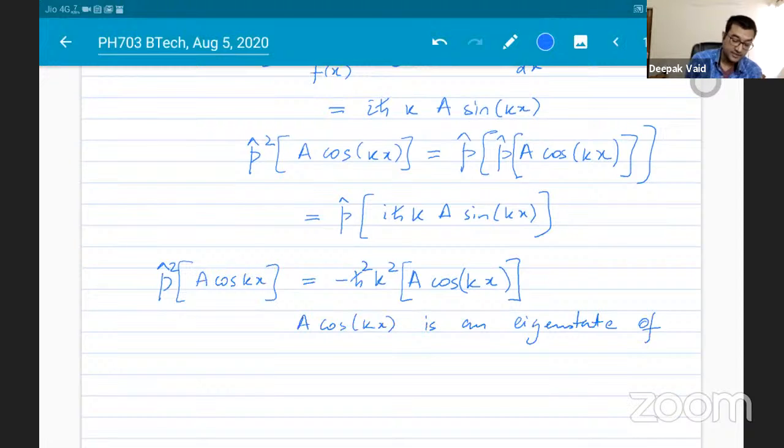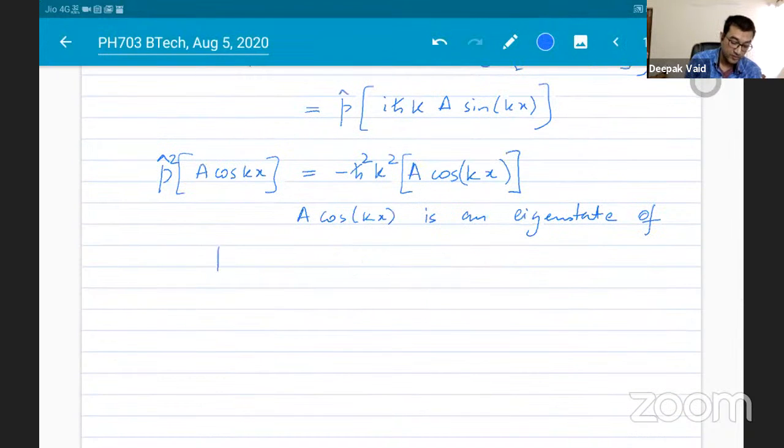So this is an eigenstate of my operator. Which operator? The p square operator, with eigenvalue minus h bar square k square.